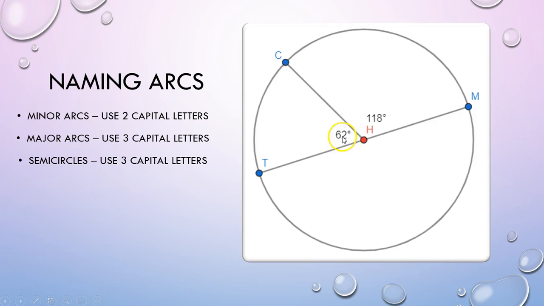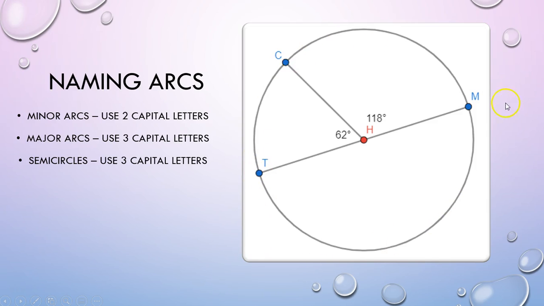But if this is 180, this other side is also 180, and there's a somewhat problem there because I only have two letters on each of the ends of that arc to identify it. So in this case, it would be okay to use TM, and I would assume that if you only use T and M that you were talking about this large arc.